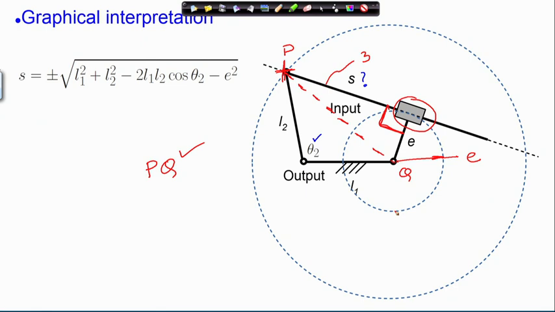So, I can drop two tangents. One tangent I have shown, I can drop another tangent which I am drawing now.